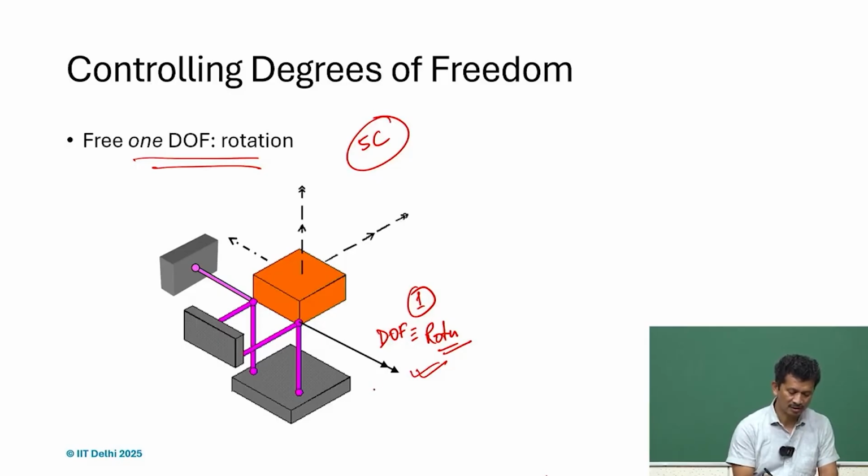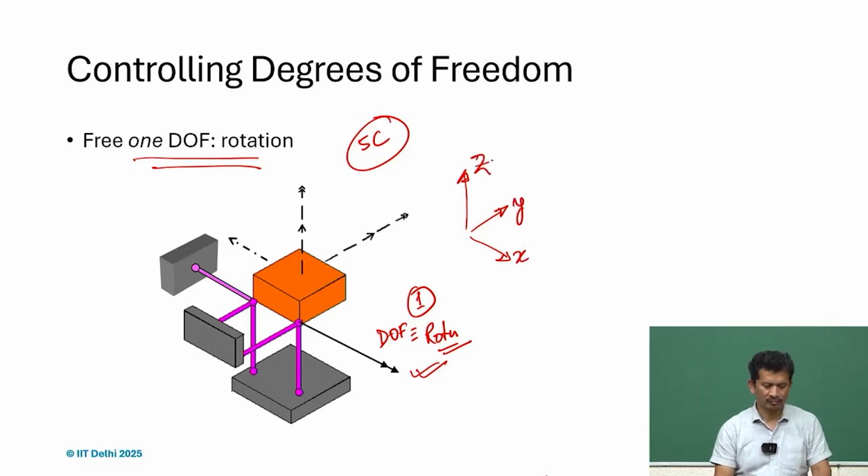Suppose I define the axes x, y and z. So, what is desired is the rotation along the x axis, and one way we can always show it is with the rotation, or we can use double arrows as we have here.